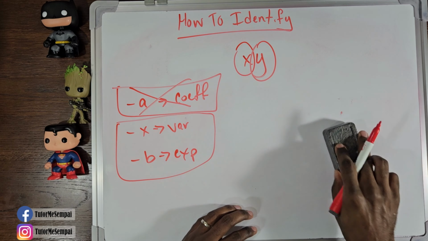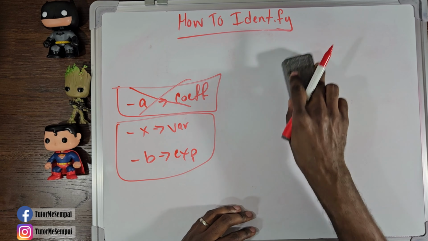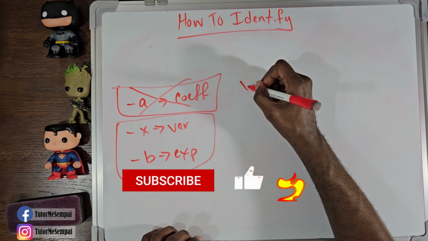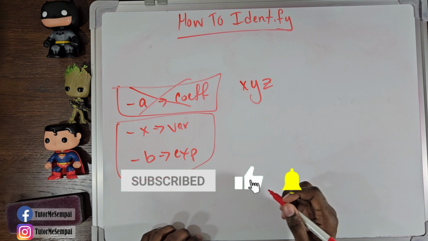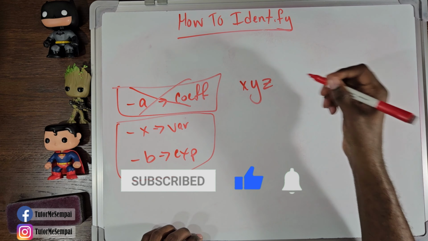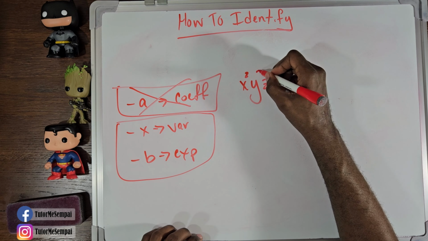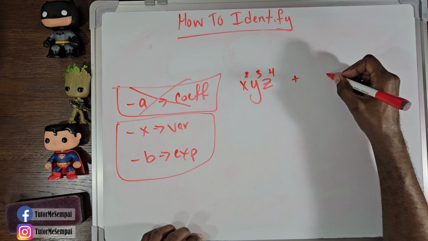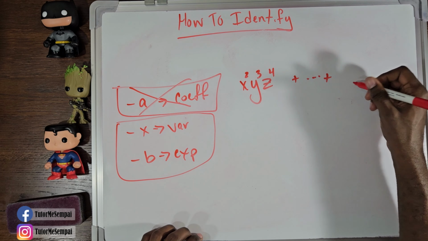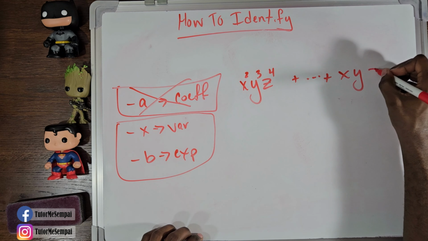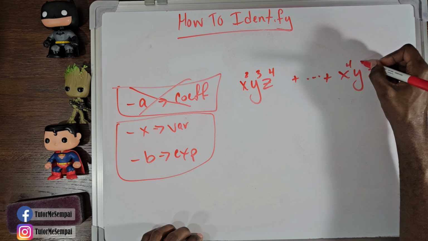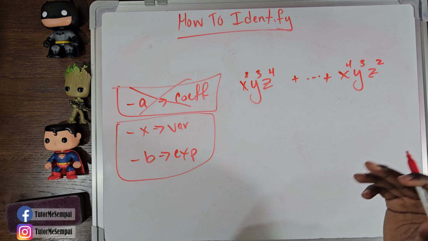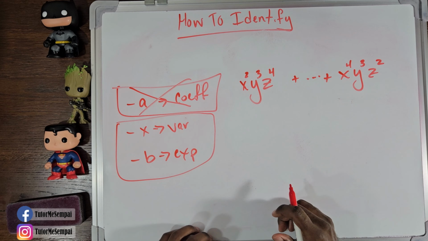And you can expand this to having multiple variables. You don't just need to have one or two. You can have something like x, y, z, and you're trying to find some combination of exponents. If you have dot dot dot x, y, z, and this is 4, 3, 2, that's not going to be a like term.